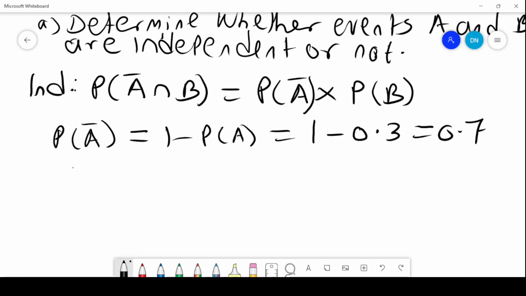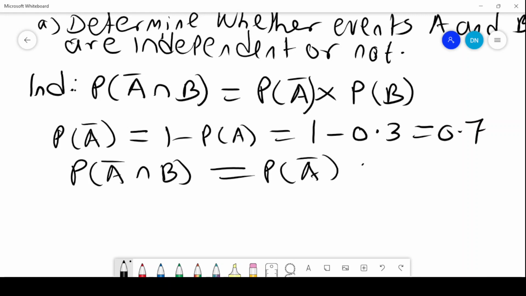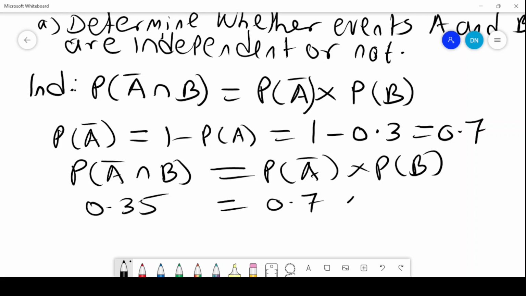Therefore, what you're basically saying is that the probability of A intersection B is independent if this is true. And from what we have been given, we are told this is 0.35, and this is 0.7 times 0.5, and this is 0.35.